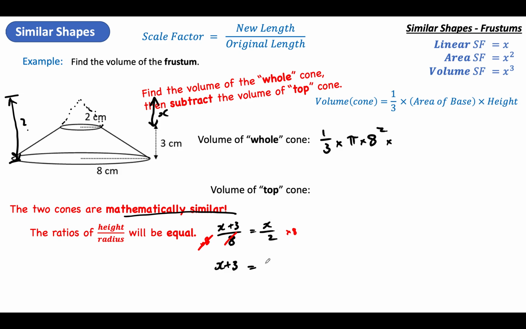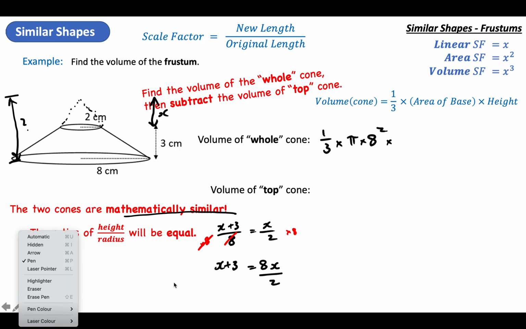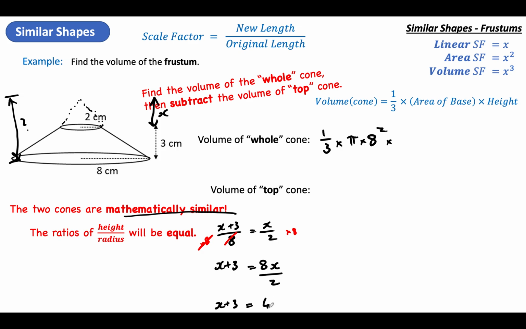But this side will be times by 8, which will be 8x over 2. And then I could just simplify this side. I don't even need to times through by 2. 8 divided by 2 is 4. So this equals 4x, because 8 divided by 2 is 4.